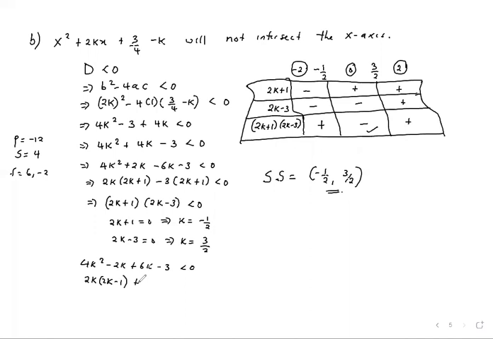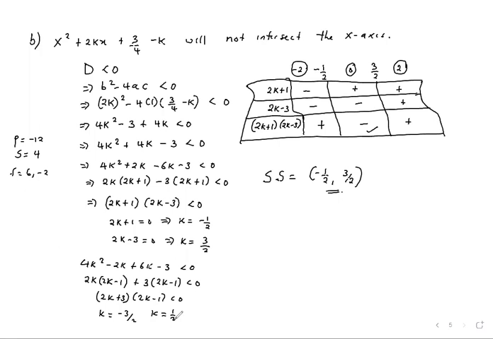And then plus 3, 2k minus 1 less than 0. So you get 2k plus 3 and 2k minus 1. I think that there's an impact there. So we have k negative 3 over 2 and k half.